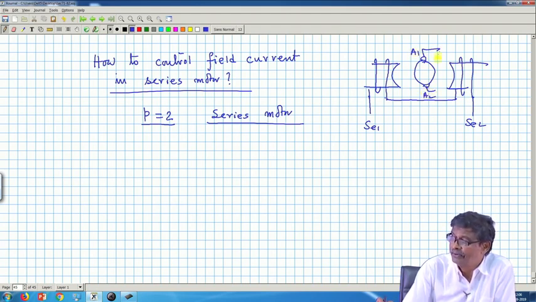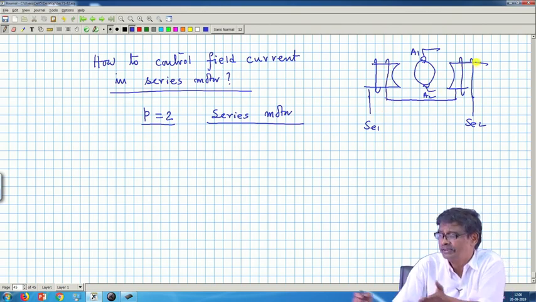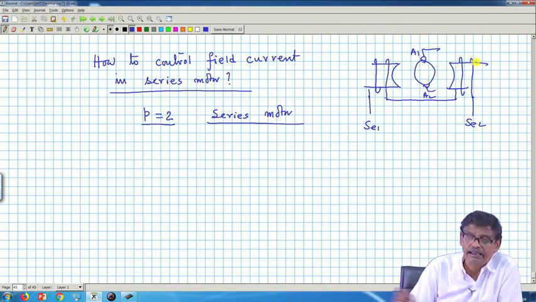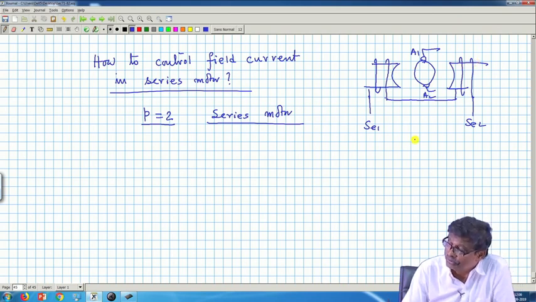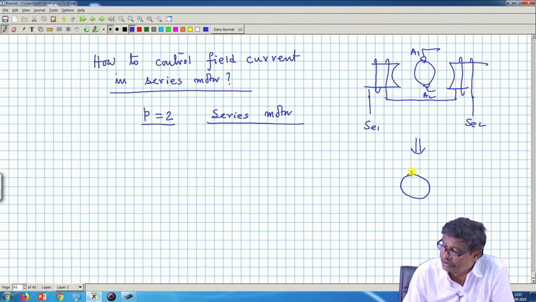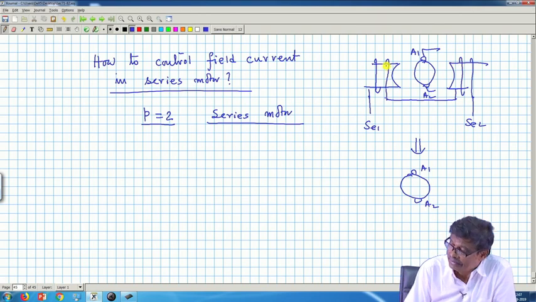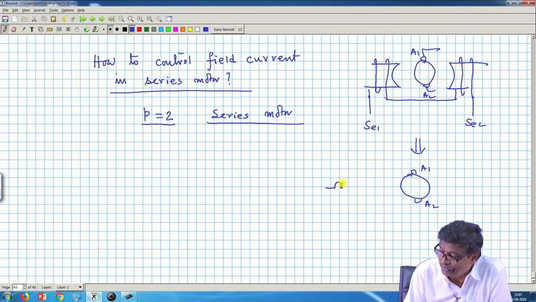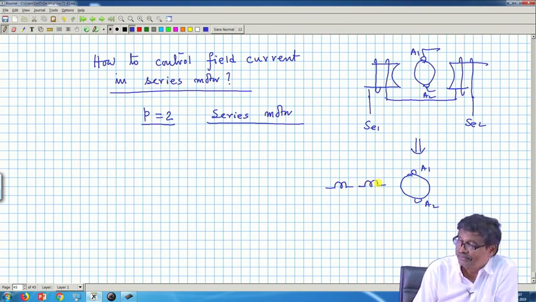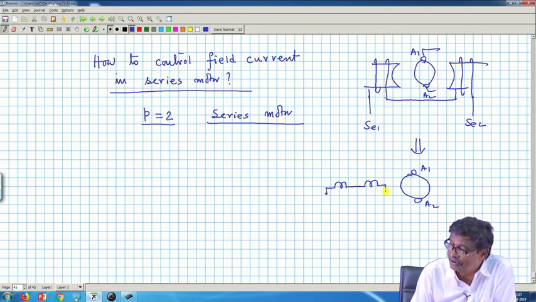Let me show it again: this is my armature, A1, A2, and there are two coils, coil 1 and coil 2, which I connect in series, AC1, AC2.